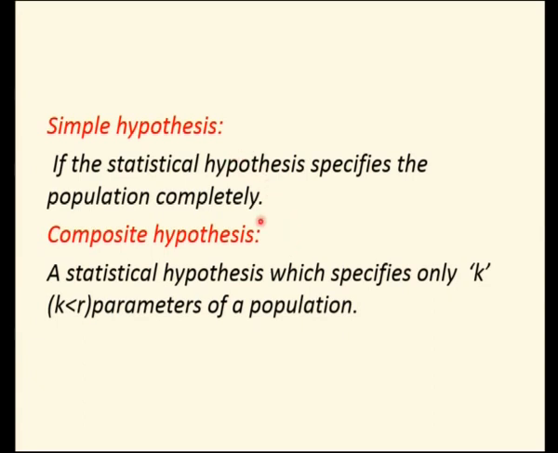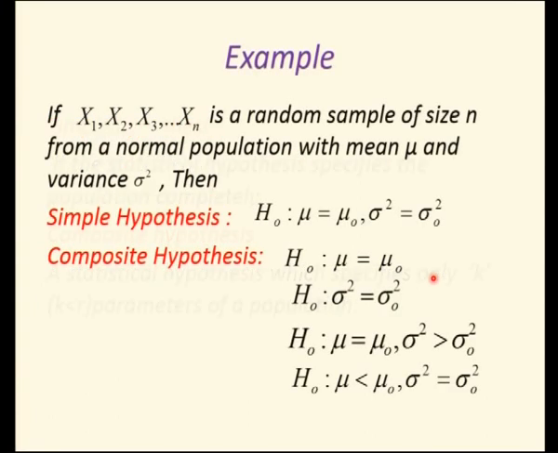So, let us see what is a simple hypothesis. If the statistical hypothesis specifies the population completely, then we call it a simple hypothesis. Coming to the composite hypothesis, which specifies only part of the parameters of the population, it is called a composite hypothesis. So, let us look into few examples.